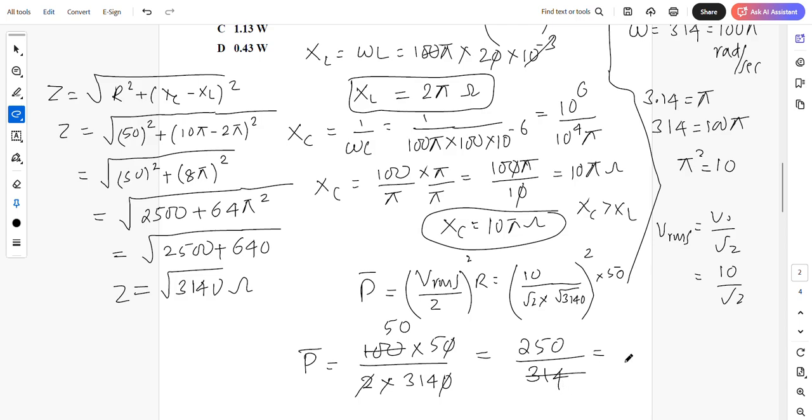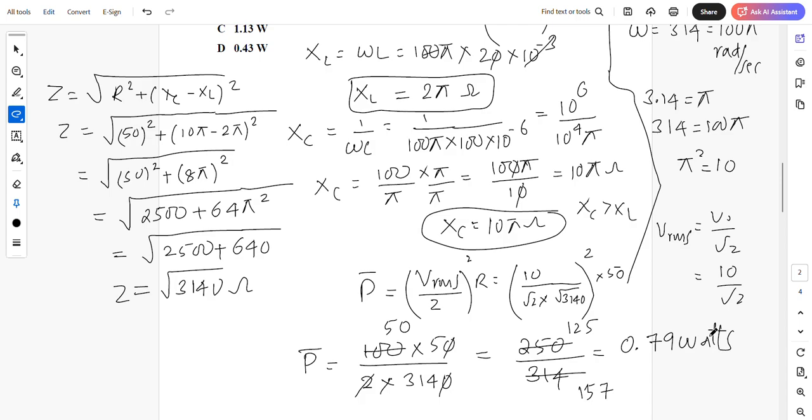Again you can cancel, 157, and this is 125. This is approximately equal to 0.8. It is 0.79 watts we are going to get.